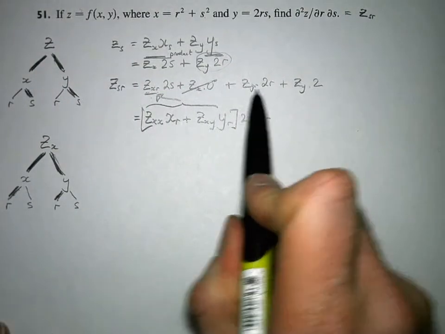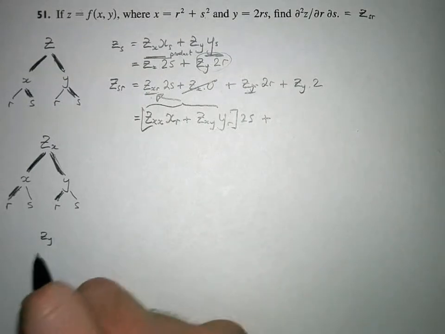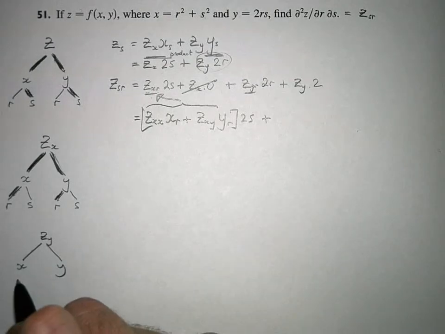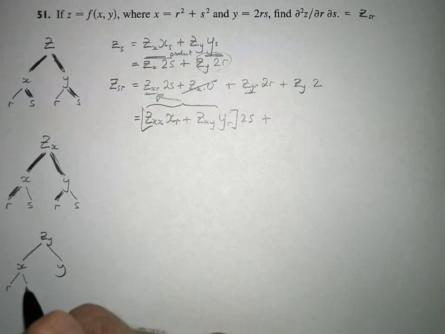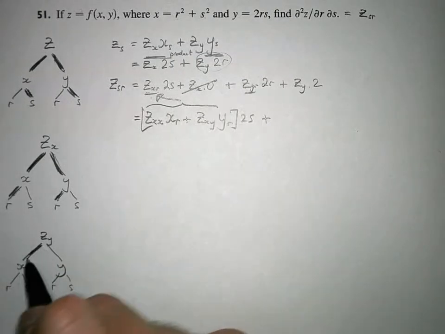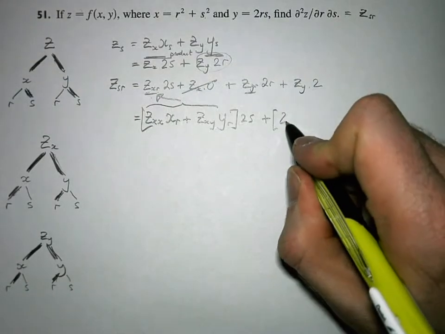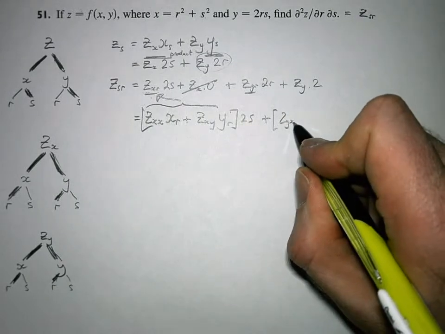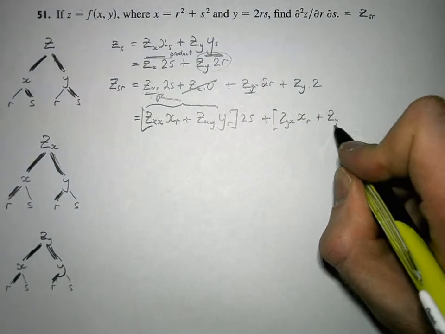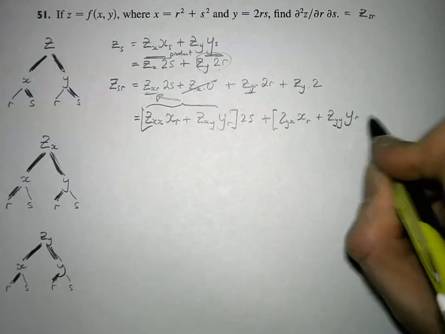Plus, we've got to do the same thing for this over here. Z, when we differentiate it with respect to y, we end up with a new function, which is also a function of x and y. Once again, x is a function of r and s, y is a function of r and s, and we can follow all the chains down to r, and we get zy differentiated with respect to x times x differentiated with respect to r, plus zy differentiated with respect to y times y differentiated with respect to r.